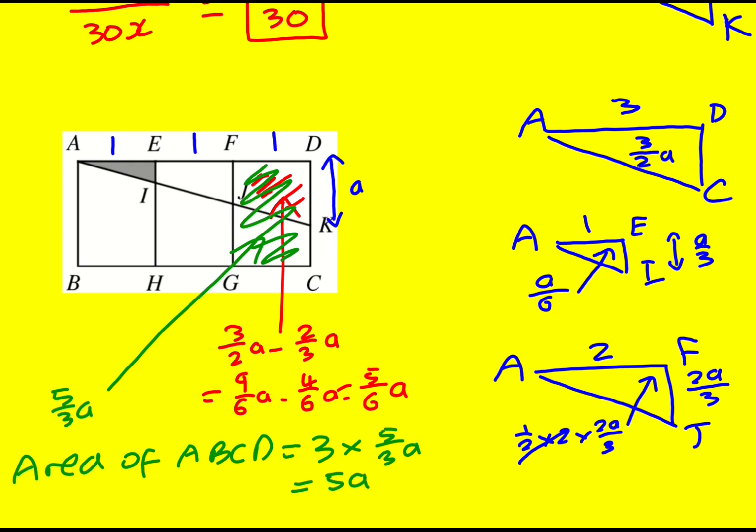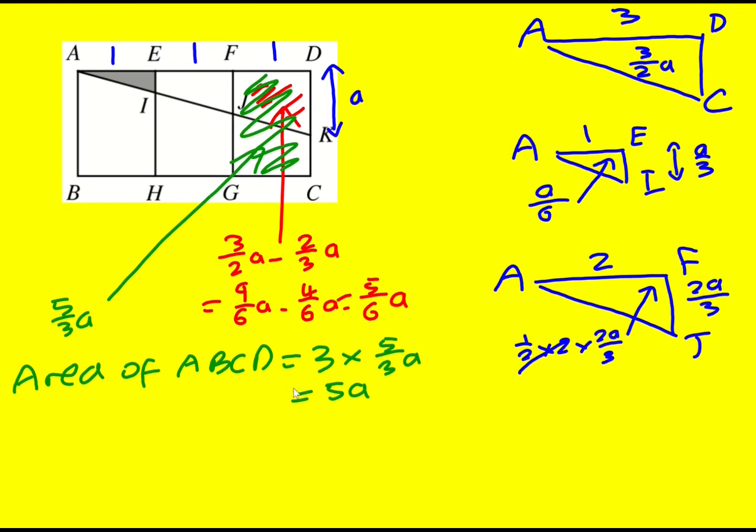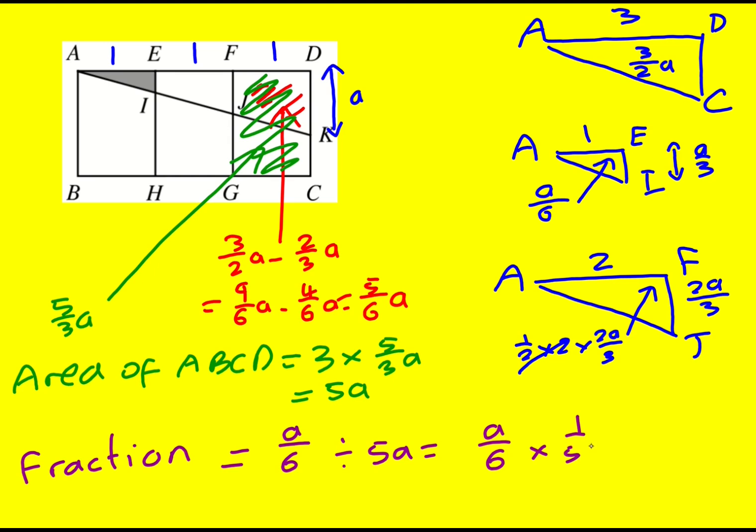And we're nearly there, because now the fraction of the whole rectangle that the triangle makes up is going to be A divided by 6 divided by 5A. This is the same as A divided by 6 times 1 over 5A, which gives A over 30A, which again gives 1 over 30.